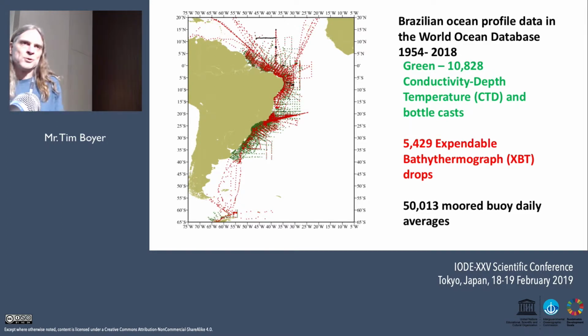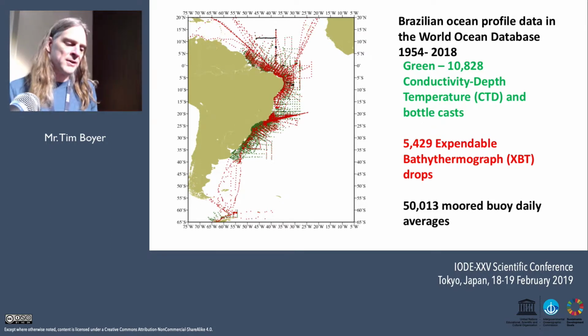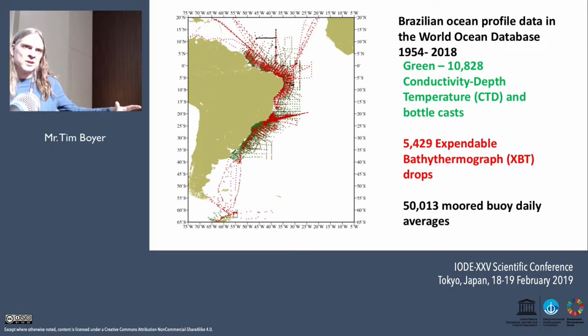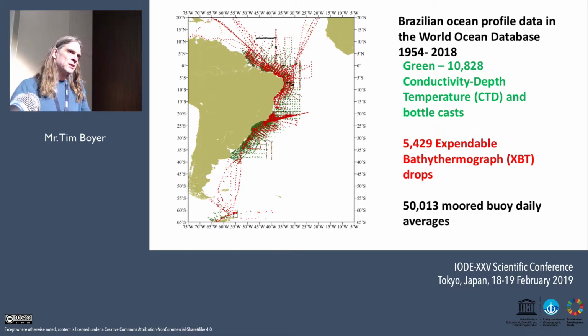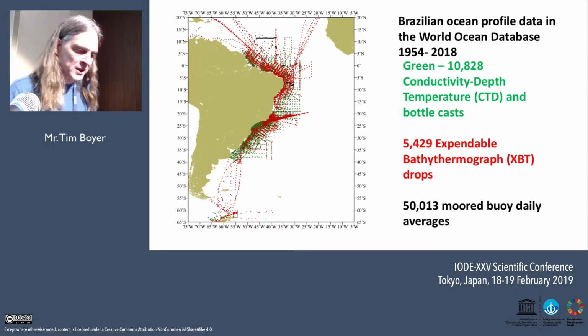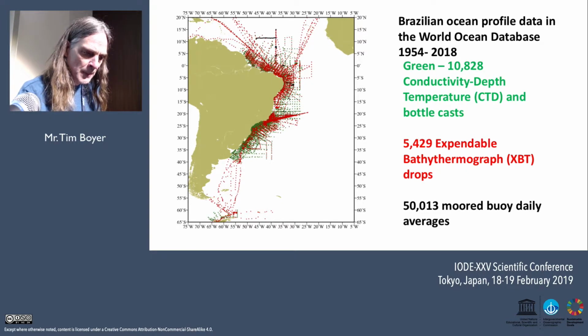But this information is extremely valuable on a global scale, especially into the tropical Pacific. Amazon outflow is very important. So these contributions from Brazil, when they're put in a global database, can really enhance the global picture. But in reverse, there's a lot of data in the Atlantic that the Brazilians can then use back for their own regional needs to inform their studies and their decisions about Brazilian near coastal waters.